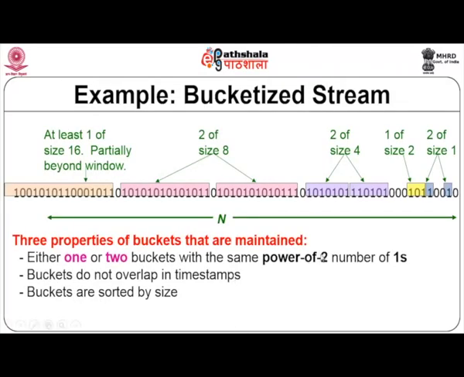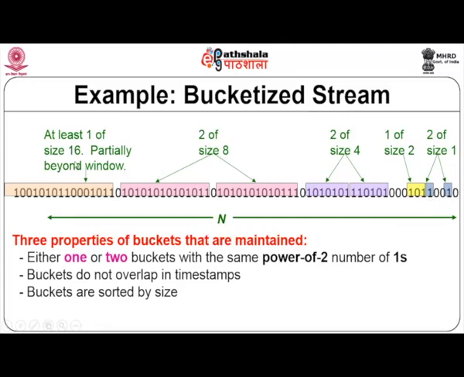Once again, take a look at this bucketized stream. Here in this bucketized stream, we find buckets whose size indicates the number of ones, and this size is always represented as a power of 2. Now, there are certain properties which need to be satisfied by the buckets maintained under the DGIM approach. As I already mentioned, you can always have a maximum of 2 buckets of the same size.